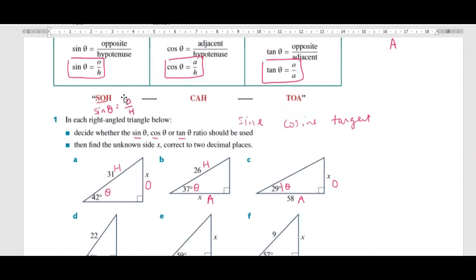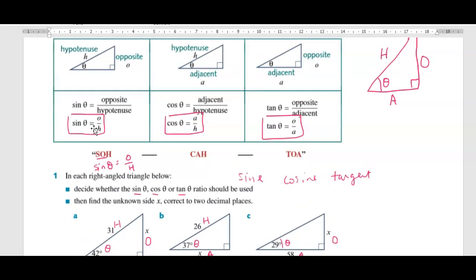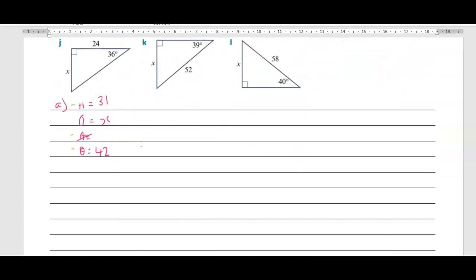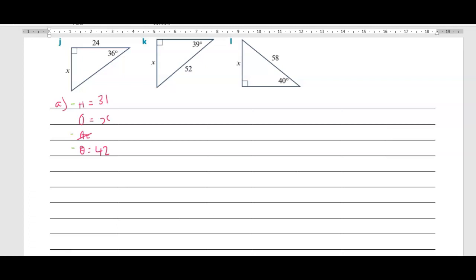Okay, so the trig ratio we're going to be using is sine because we're dealing with the opposite and the hypotenuse. Now, a good habit to get into whenever you're working with formulas is to always write them down. It just sticks in your head.